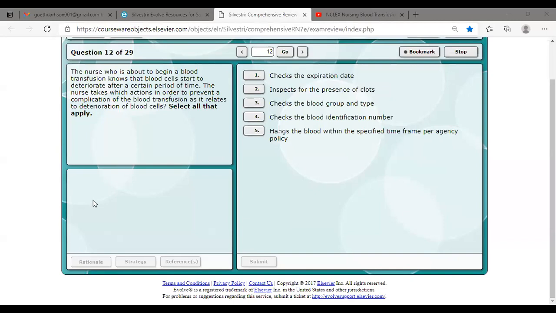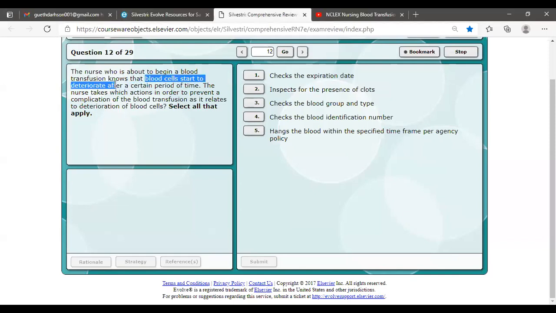This question particularly mentions that you have to focus on blood cells starting to deteriorate after a certain period of time. So you have to choose anything related to this information. You don't choose anything related to general blood administration or blood transfusion.